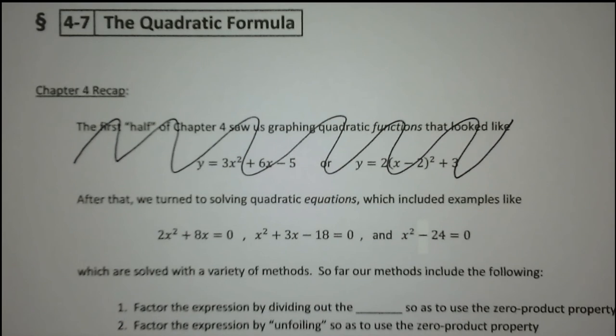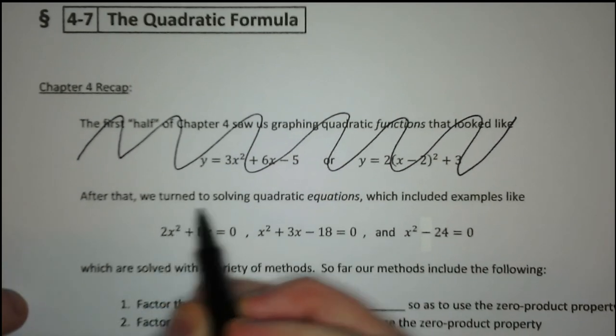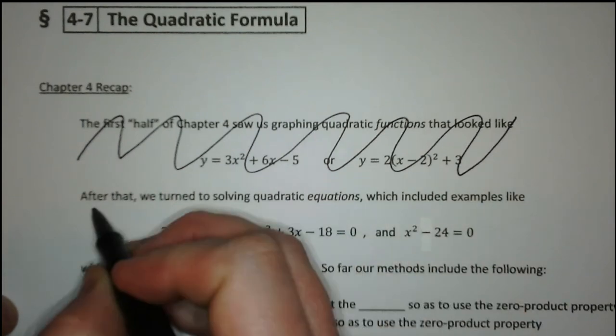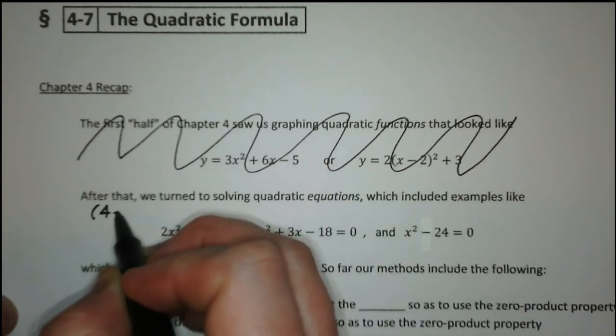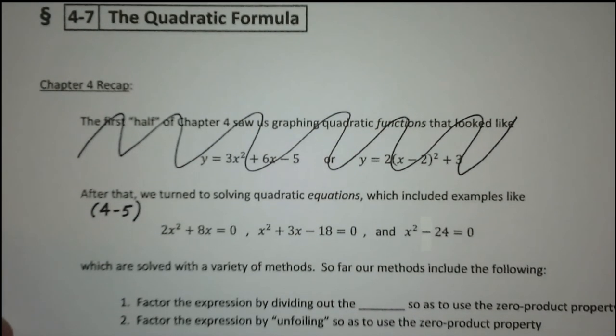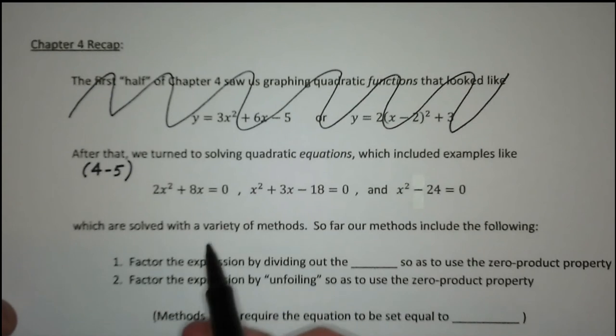But what we did do after that, we turned to solving quadratic equations, and that was 4-5 that we just got done doing, which included examples like this, which are solved with a variety of methods.